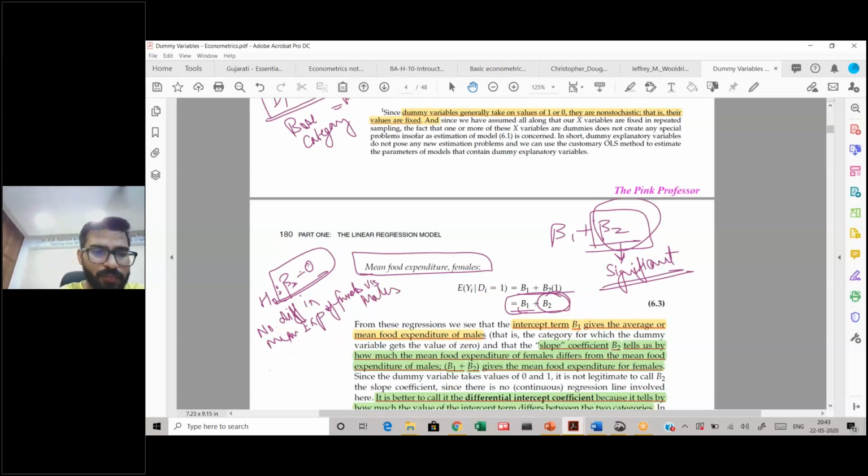Only if you reject this null hypothesis and go towards the alternative hypothesis, you can say that B2 is the difference between the average consumption expenditure of males versus females. So this is the difference.